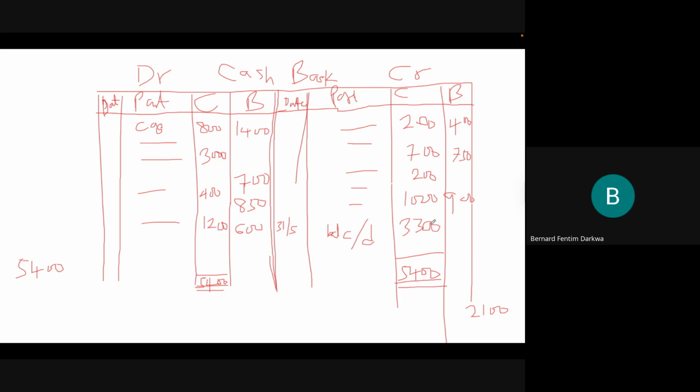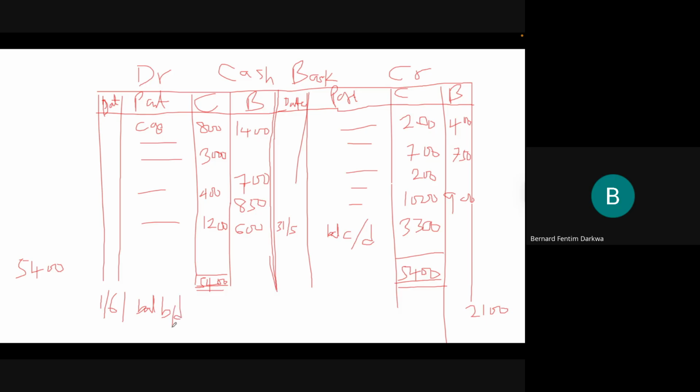As soon as you do this, you come down here and write the date. That will be what? 1st June. Like this. Then you come under particulars and write balance B/D.